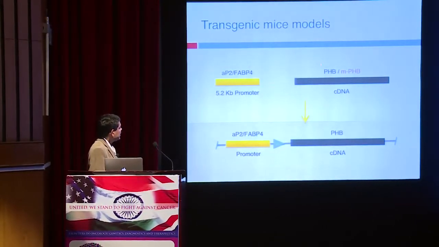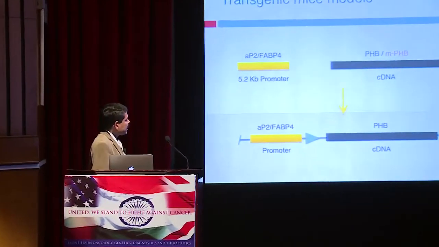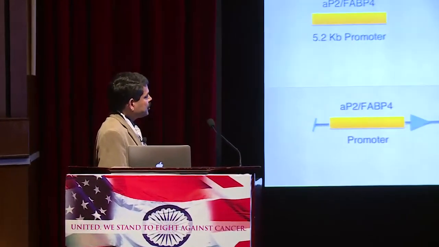To investigate that, we decided to make two transgenic models: first expressing the native form of PHB, and second expressing the mutant PHB having a mutation at the phosphorylation site. To do that, we used the AP2 promoter. AP2 is not the best promoter for adipocyte-specific expression; adiponectin is a much better choice.